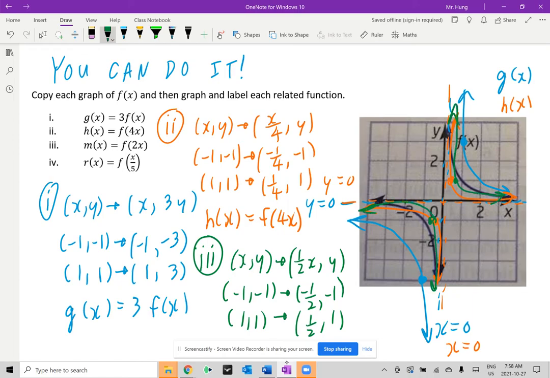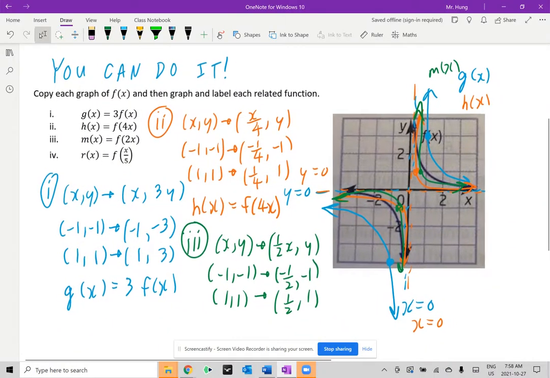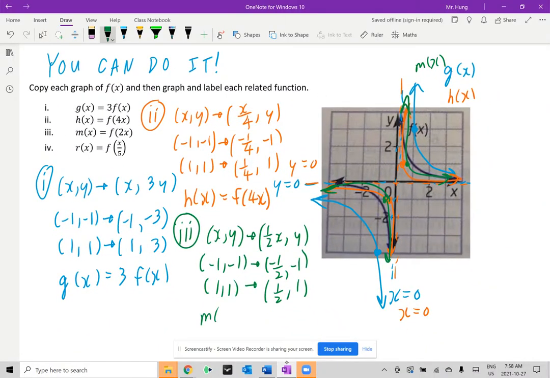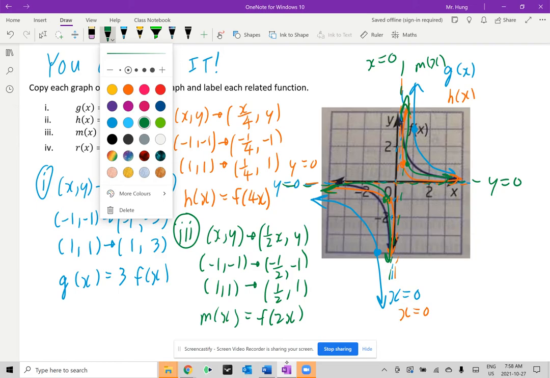And I can label this as m of x. Again, recognizing that m of x equals f of 2x. Don't forget, the horizontal asymptote is still going to be at y equals 0. The vertical asymptote is still going to be at x equals 0.